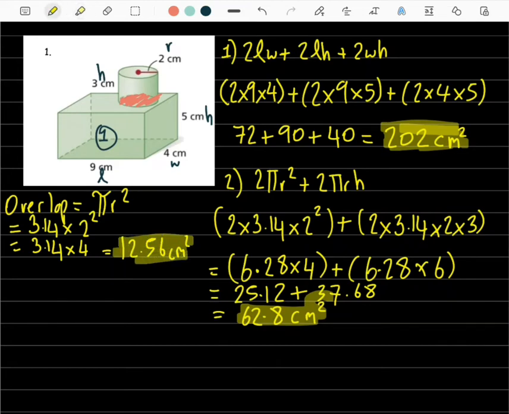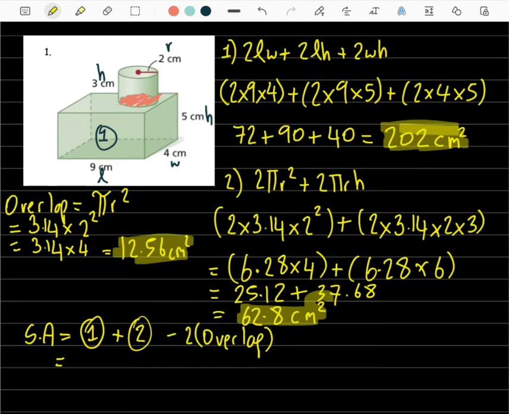All right guys, now the surface area of a composite shape. Let's write it down. The surface area for this composite shape is the area of part 1 plus the area of part 2 minus 2 times the area of the overlap. Always in a composite shape, it will be minus 2 times the area of the overlap.